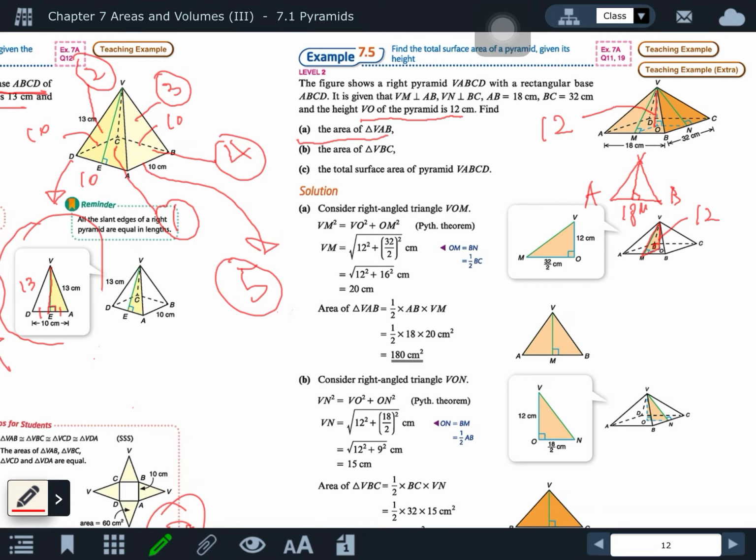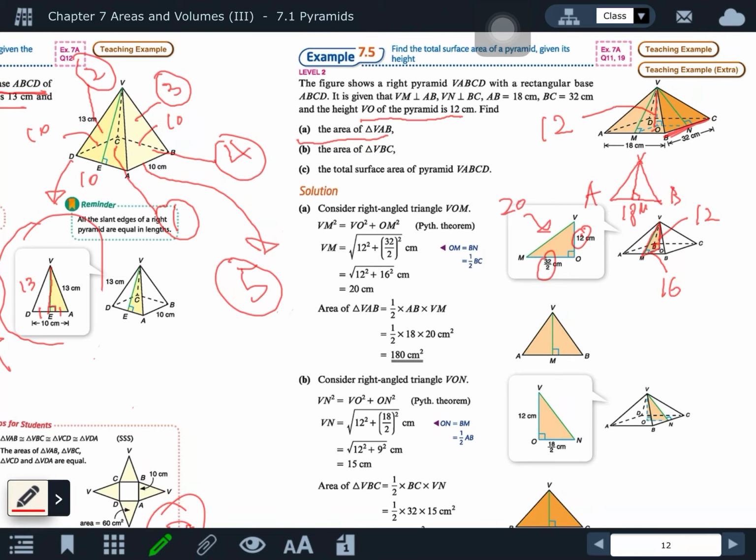You can see the total length of BC is 32 cm, and OM is half of the length, so it is 16. Using the Pythagoras theorem, because this is a right angle triangle, we have 12 squared plus 16 squared, and then the square root of this, and we get VM to be 20 cm.